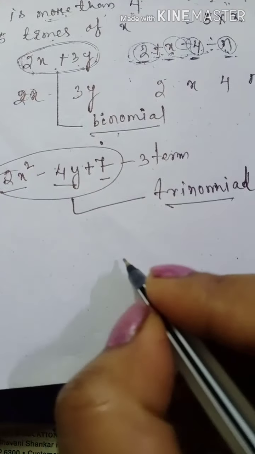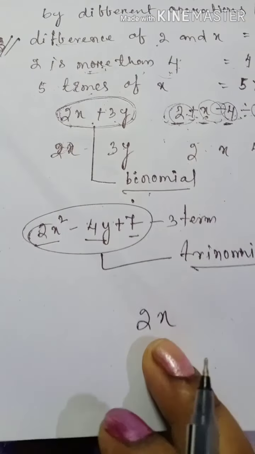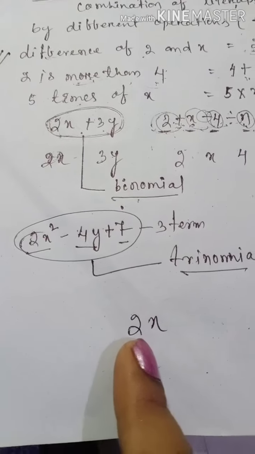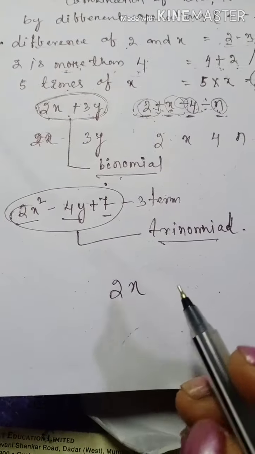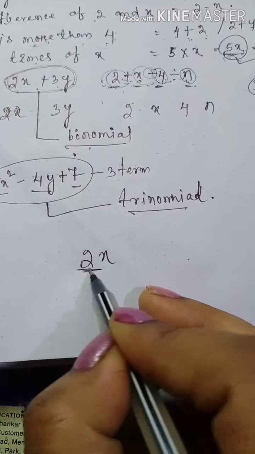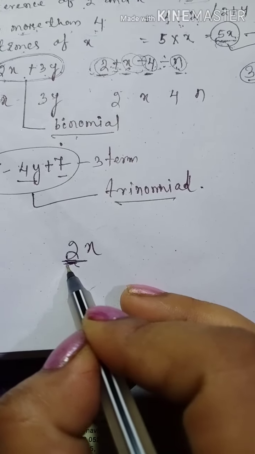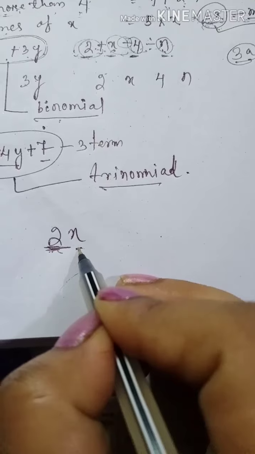Again, another thing. See, that is 2x. It is a term. In this term 2x, there are two things. See, one is a number, the number 2. It is the numerical value, and the other is a variable, a literal value.